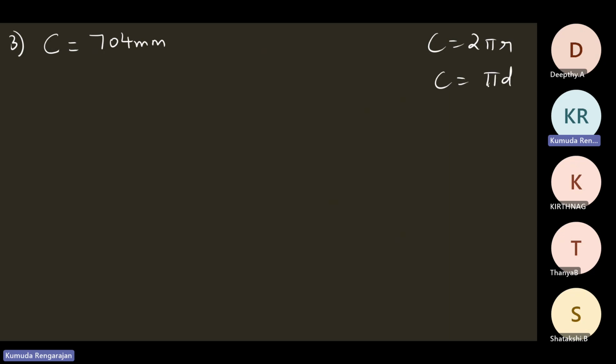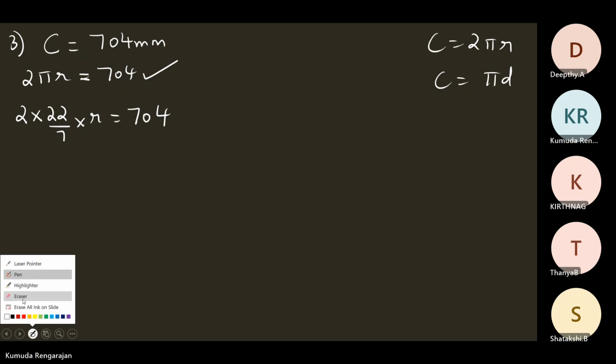You can write any one. So if you write circumference is 2 pi r, 2 pi r is equal to 704. So now 2 into 22 by 7 into radius, which we don't know, is equal to 704. You must write this equation and work with that.